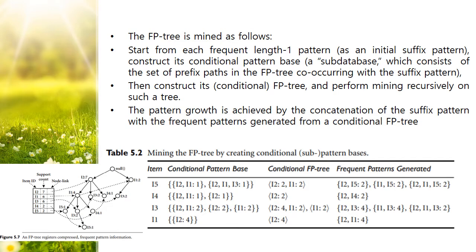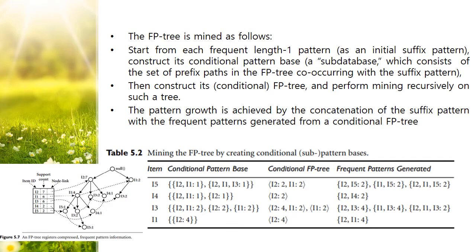We start from I2, which leads to I1, with a support count of 1 for this pattern. Another conditional pattern base is I2, I1, I3 with a support count of 1 that leads to I5. So these are the conditional pattern bases for I5.